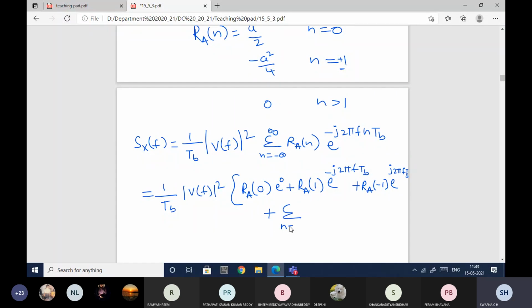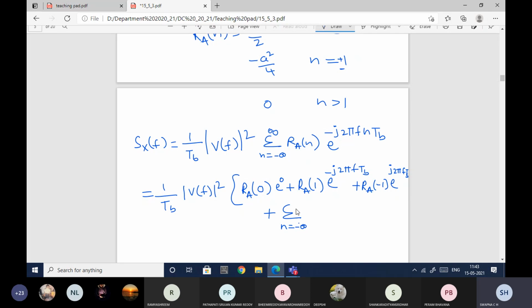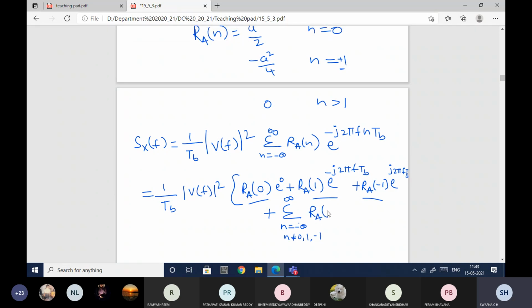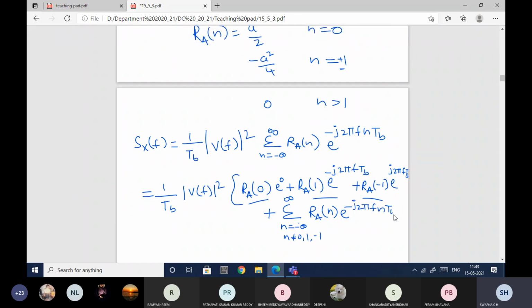That is n not equal to 0, and I'll write n is equal to minus infinity to plus infinity, but n is not equal to 0, comma 1. Okay, because I've taken them separately, 0, 1, and minus 1, array of n e power minus j 2 pi f n tb.